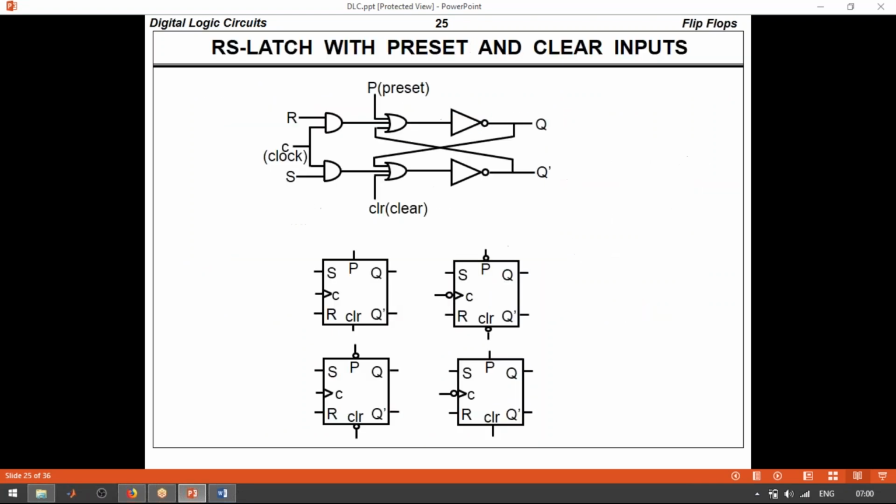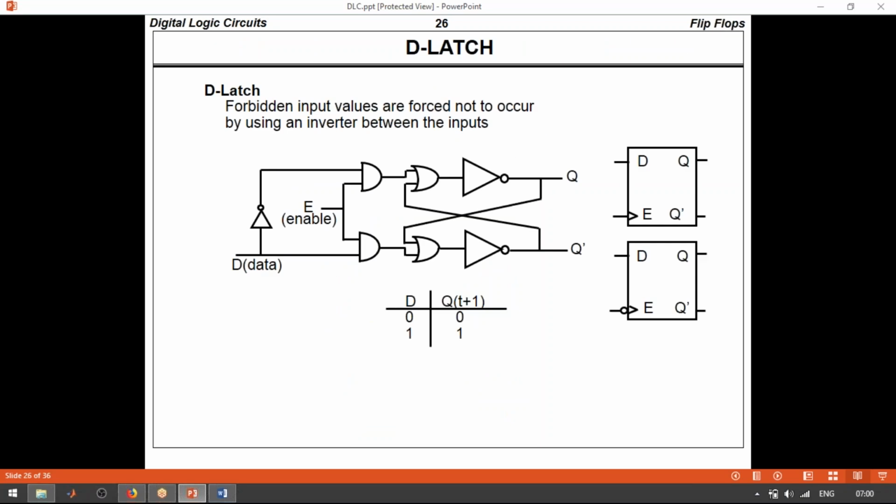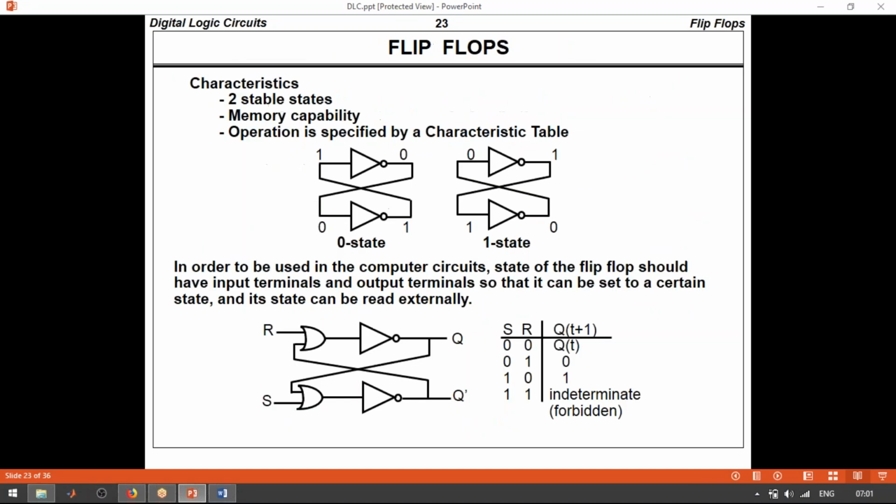Then another one is the D latch. In the RS flip-flop you are having a metastability state, so we are terminating it by adding a delay.